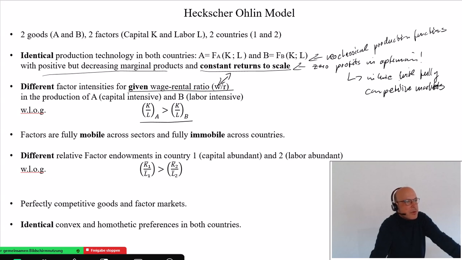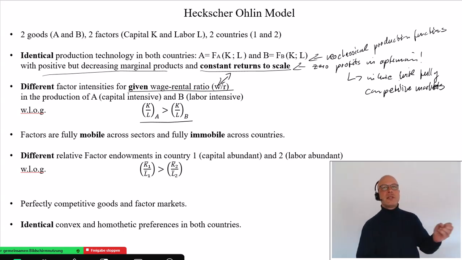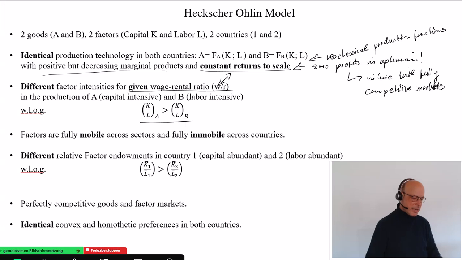So one product is produced capital intensive, and this just means that the ratio of the two inputs is larger than the other one. And in our case, of course, without loss of generality, we just assume that product A will be the capital intensive, and then of course vice versa.